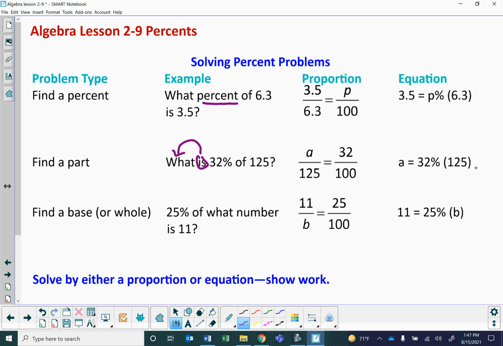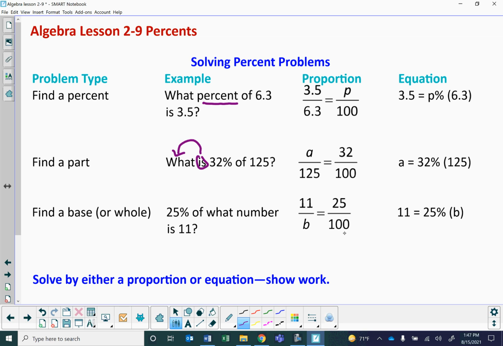Finding the base or the whole. For example, 25% of what number is 11? As a proportion, 11 is the part, it's what follows is, okay, over the of, we don't know of what number, that becomes our base, that's B, 25%. A percent is always on the top, over 100. Whatever your percentage is, it always goes over 100.